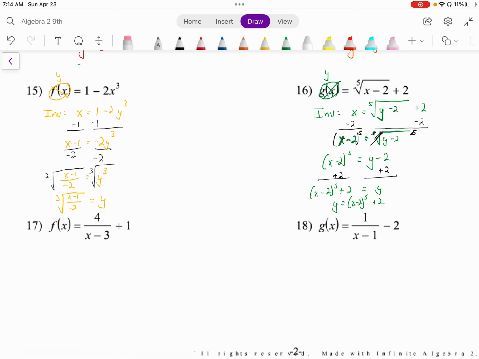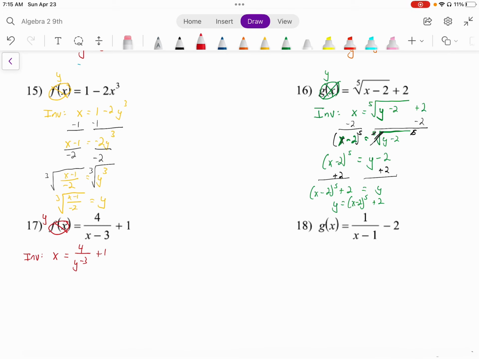All right, our last couple here are similar. They both have what we call rational functions in here. Once again, we'll think of this as y, and we'll switch our x and y for the inverse. And so we have x equals 4 over y minus 3 plus 1. And we want to solve for y.